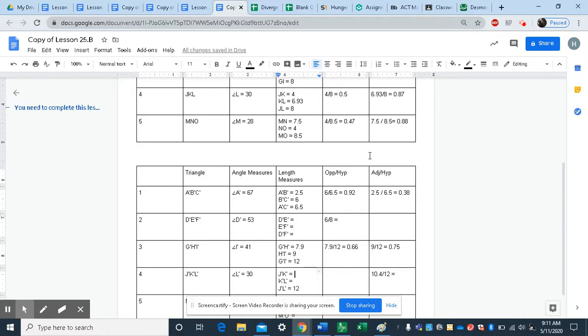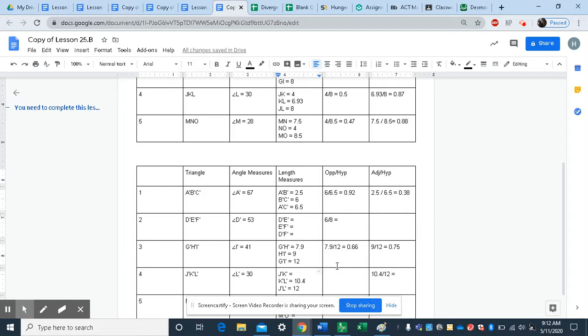So that means that we're going to be comparing KL divided by JL. We're doing KL divided by JL. So we have 10.4 over 12. So that means our K prime L prime is going to be 10.4, and our J prime L prime is still 12. I apologize.